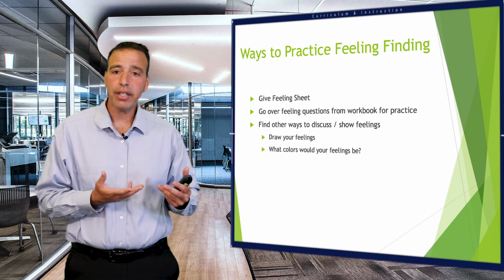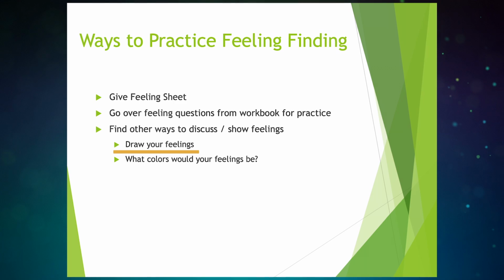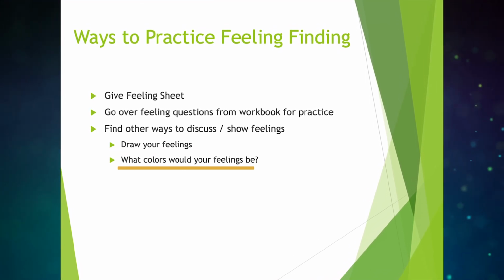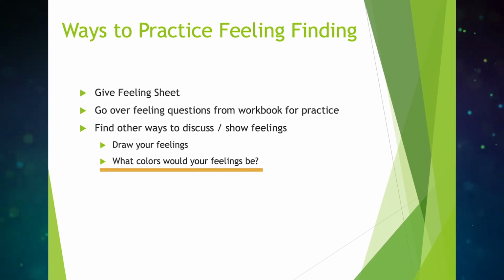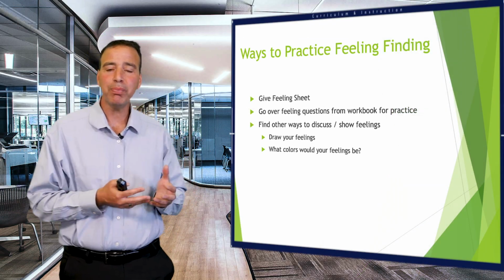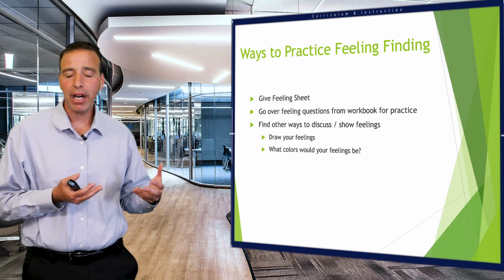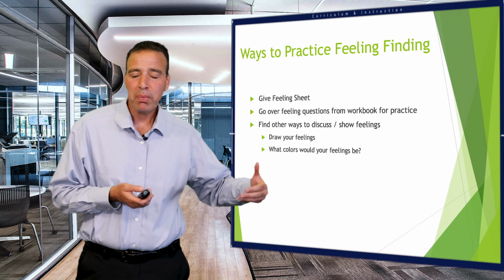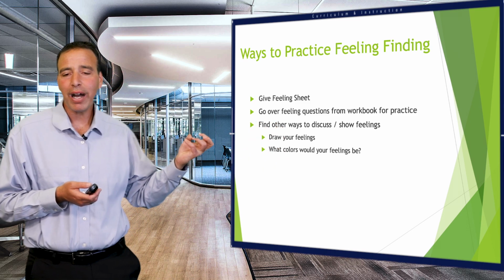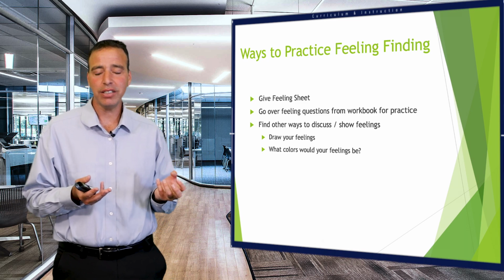With littler kids, sometimes it can be helpful to have them draw their feelings, or ask what color they would put to this feeling and have them draw it. There are all ways to adapt, but it helps bring in the language of feeling to help them understand their experience. And remember, it's so important because once I can better know how I'm feeling, it can be a guide for what I need to do.